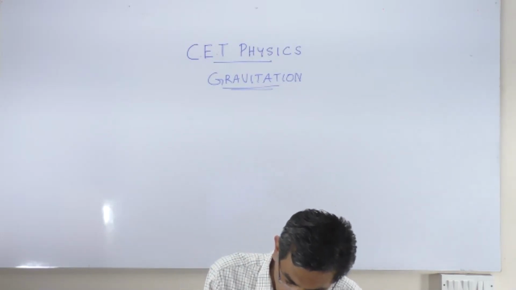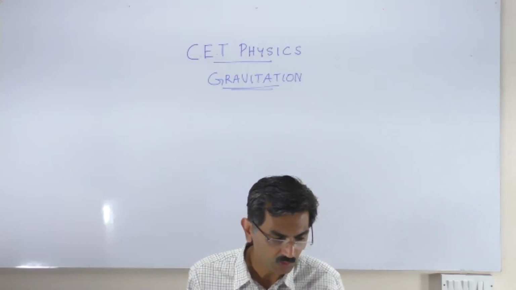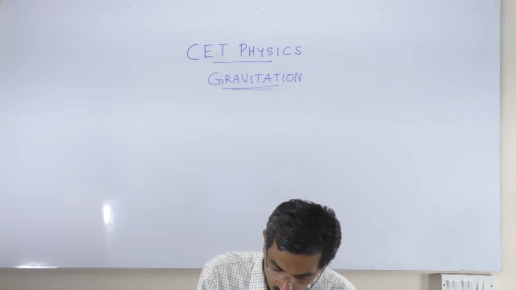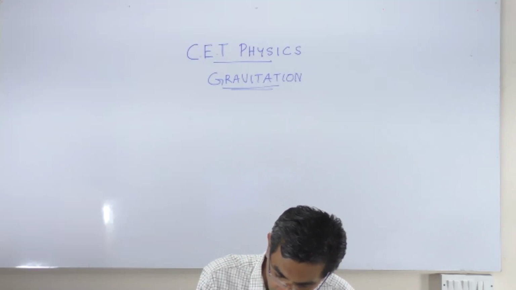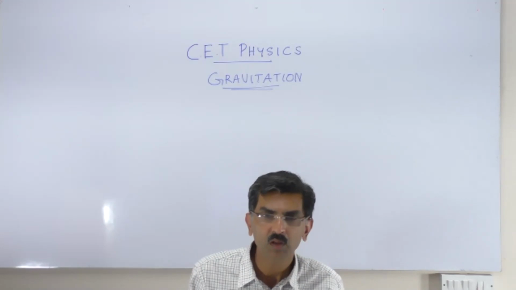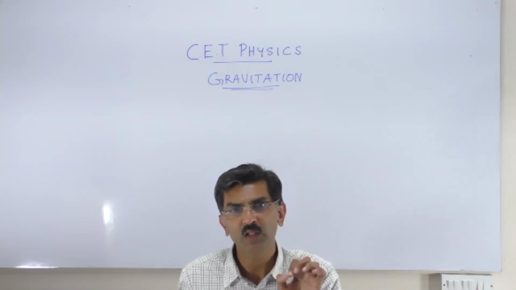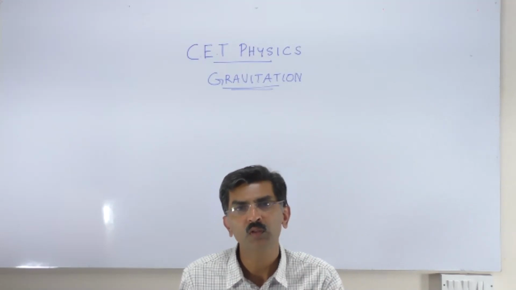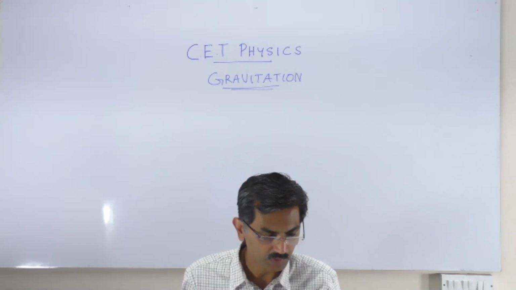The second important thing to remember is something called orbital velocity. If you have Earth here, and there is a satellite which is orbiting Earth at a distance of r, then we can calculate the orbital velocity by equating the gravitational force between the two to the centripetal force that the satellite will be experiencing.